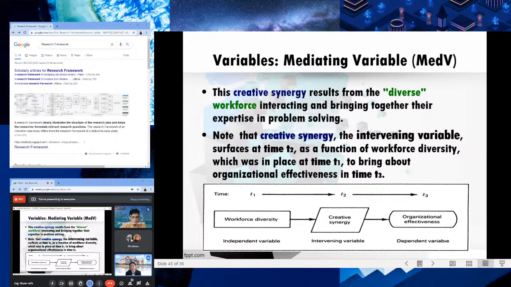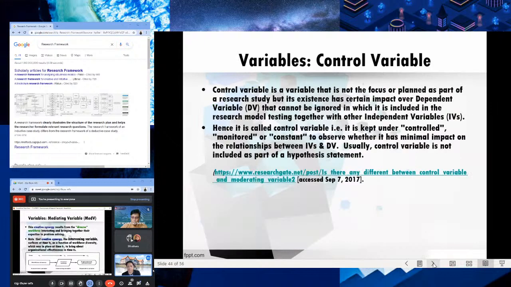As I said, you have to develop a very clear research framework, so that at least you can minimize the changes, and you understand before you conduct the research. I think from this example we can use it and understand more about this.